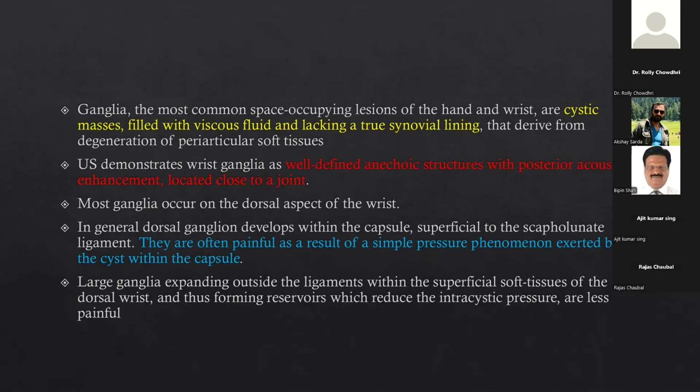But as they become more superficial and come into the soft tissues, there is release of intracystic pressure and they are less painful. So the ones which are not palpable and deep-seated are more painful than the ones which are more superficial.